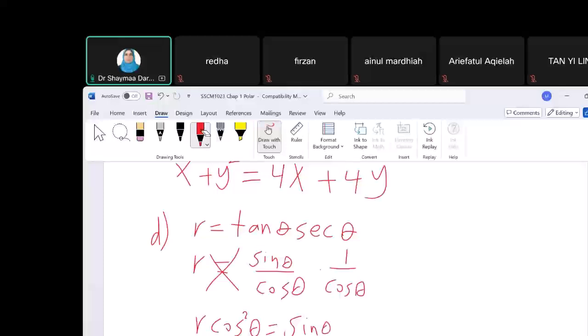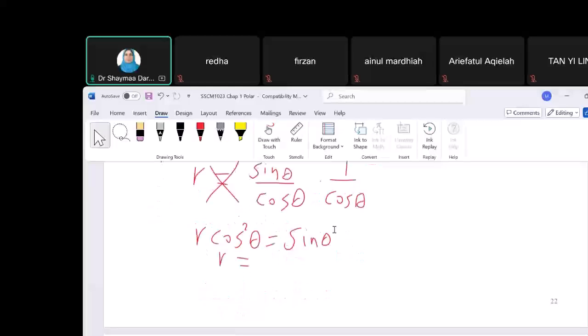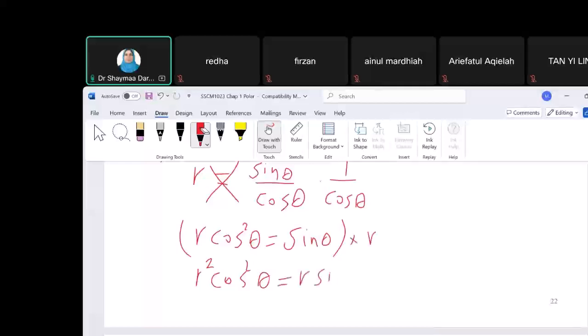Let's multiply by r on both sides: r squared cos squared theta equal to r sin theta. Then x squared equal to y.